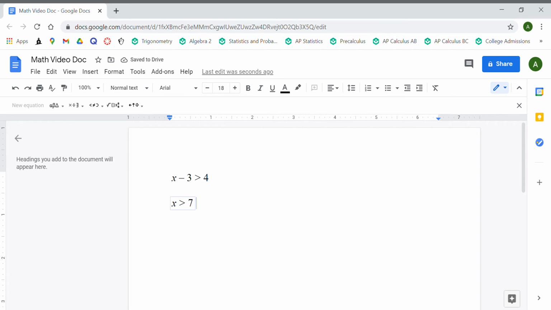Now, many teachers will not expect you to do this, but I suggest checking your solutions to an inequality. You're not required to do this. However, I am going to show you a check, just to show you that this method works. So, is 7 minus 3 greater than 4?